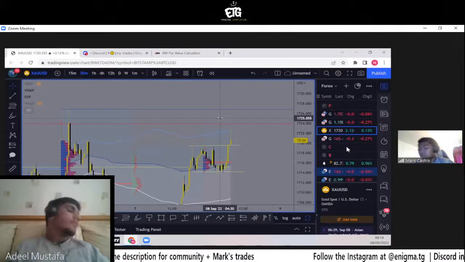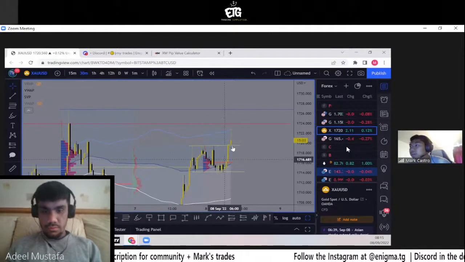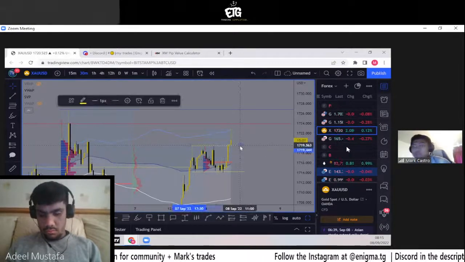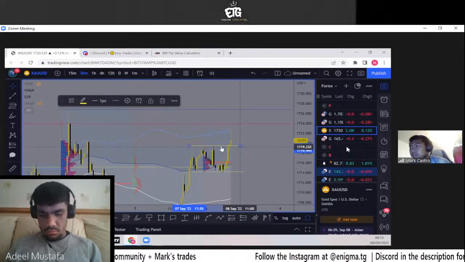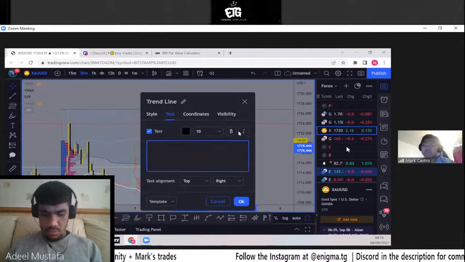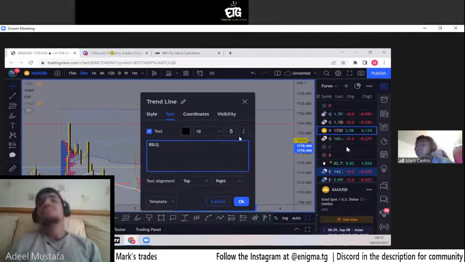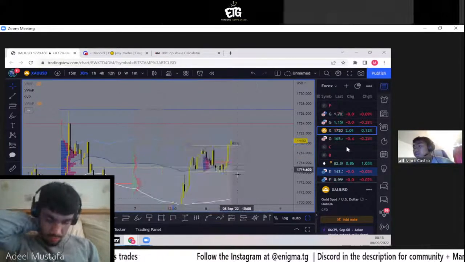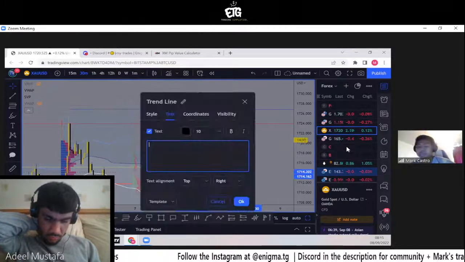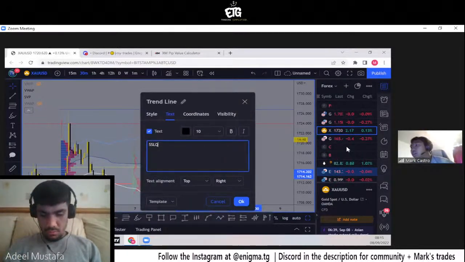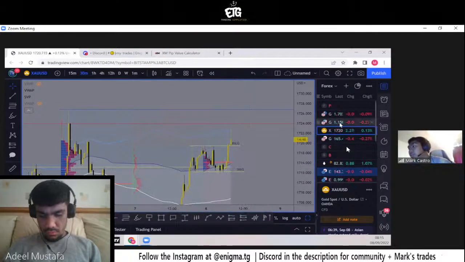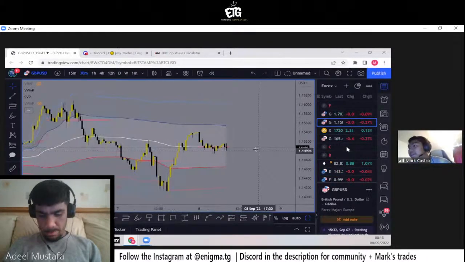We'll wait for gold and see how it reacts to this level over here. As I have said, there is also buy side liquidity up here, which has now been taken, and sell side liquidity actually hasn't been taken yet, so just go like that. Cool, that works.